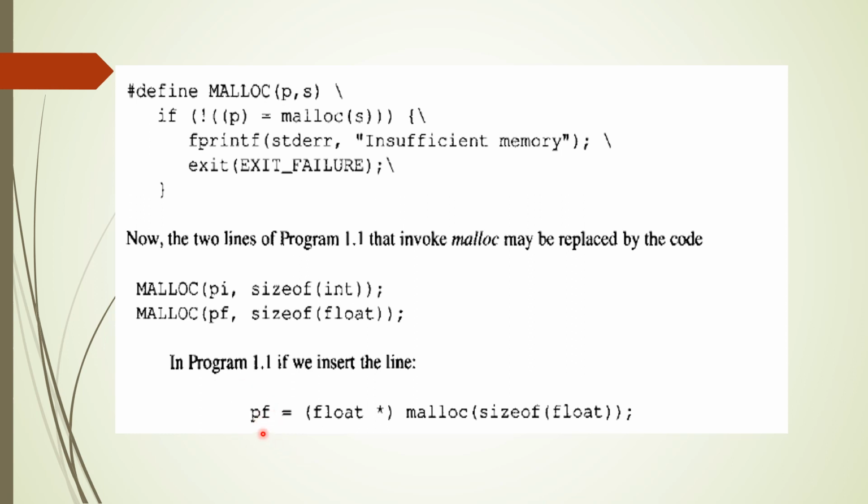Also in the previous slide we have the statement pf = (float *)malloc(sizeof(float)). When this statement gets executed, it is a call of a simple function. From this place, the control goes to the place where you have the definition of this malloc function, and after executing the instructions of this malloc function, control comes back to this place only. For that, it will consume some time.